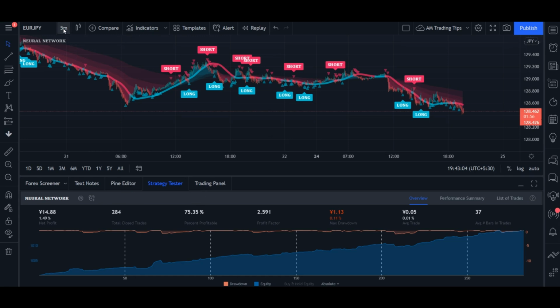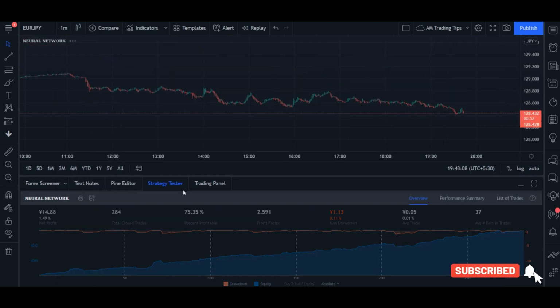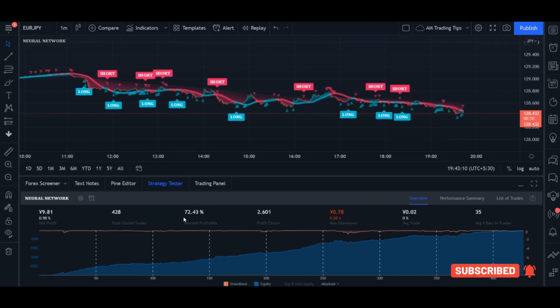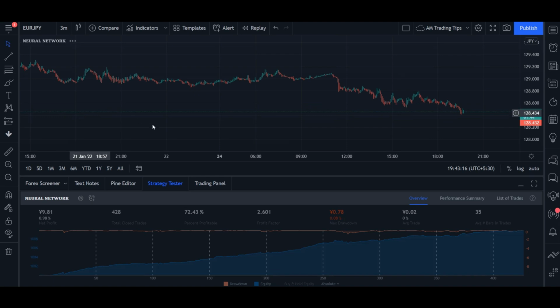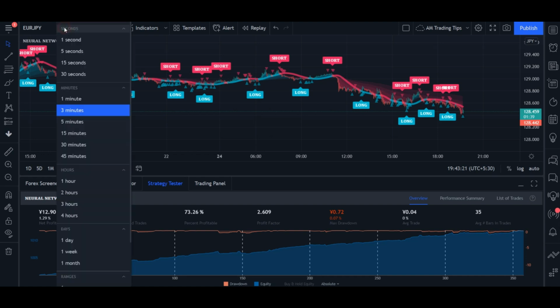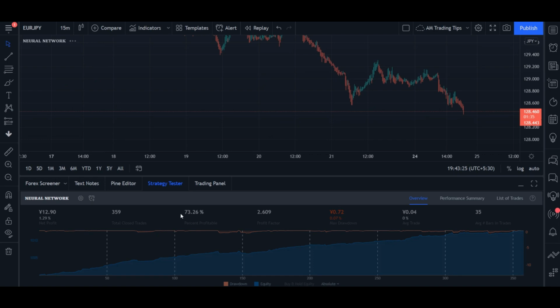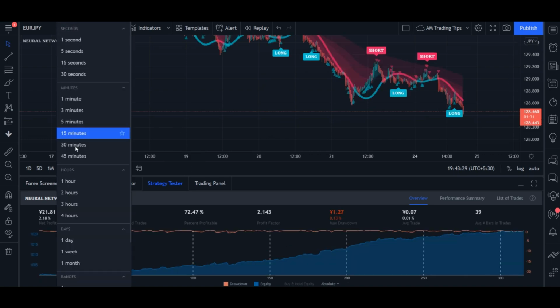Now let's see how much the winning ratio is in the other time frames. Here the 1 minute time frame has given a 72% winning ratio. The 3 minute time frame has given 73%. The 15 minute time frame has given 72%.